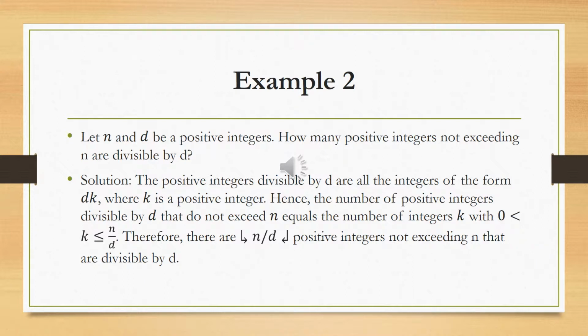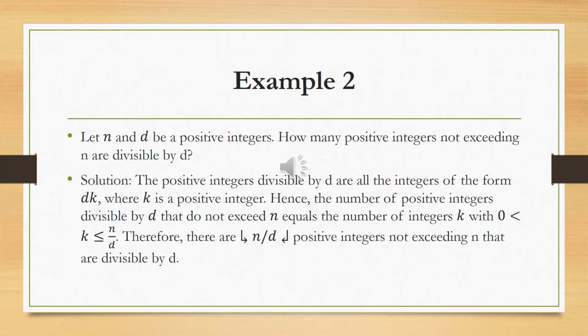Example 2. Let n and d be positive integers. How many positive integers not exceeding n are divisible by d? Solution. The positive integers divisible by d are all the integers of the form dk, where k is a positive integer.